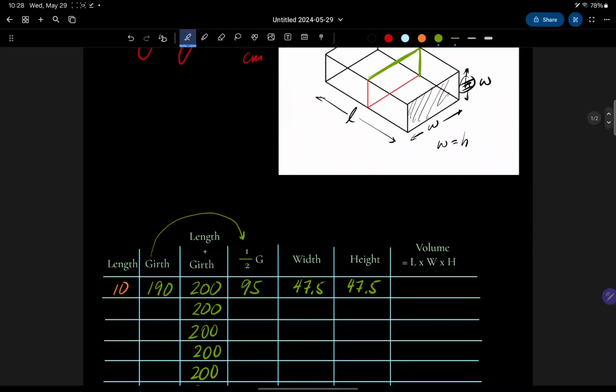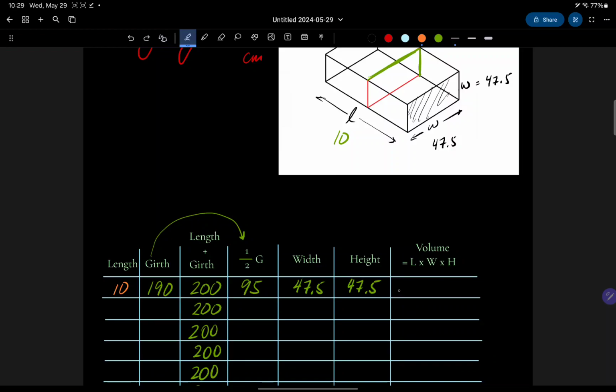So in this case, just for the first example here, we have a length of 10. Since now we know that the height is equal to the width, we have a width of 47.5, and a height, which is also the width, that's also 47.5. When we multiply these three, we get the volume.